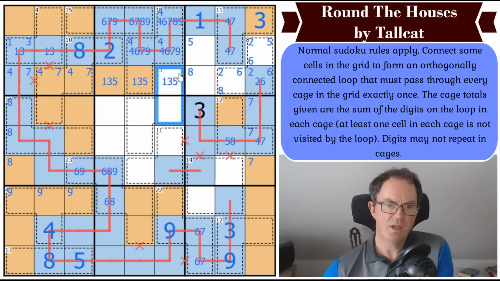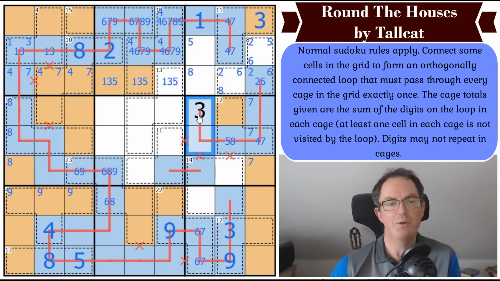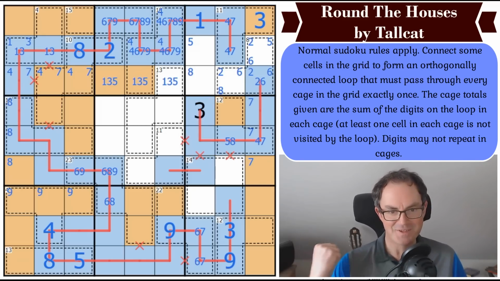Oh, unless, has 5, 8 been ruled out by any of the machinations I've been going through? 5, 8 in this domino, is that impossible for some reason? I don't think so. Okay, so although we've just extended the loop slightly, it doesn't do anything for us.